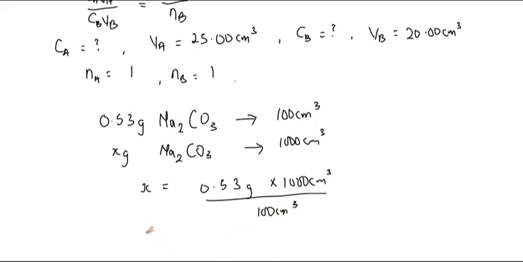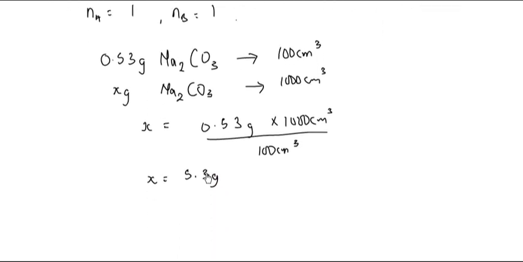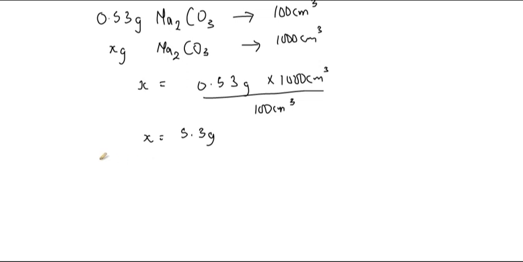When we calculate this, we have X to be 5.3 grams. Hence, the concentration of Na2CO3 is 5.3 grams per dm³. That is, we have 5.3 grams of Na2CO3 in 1 dm³, that is 1000 cm³.